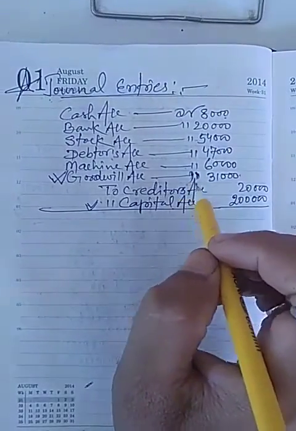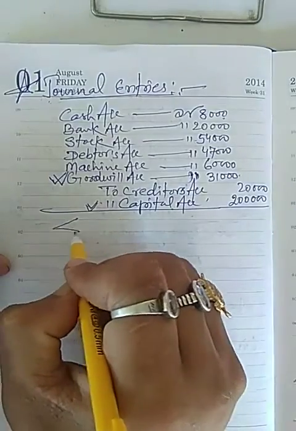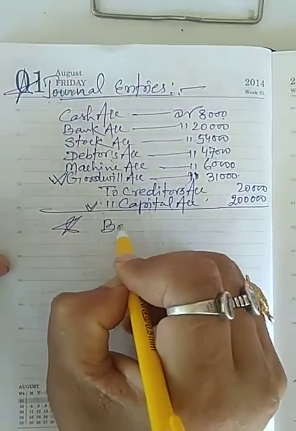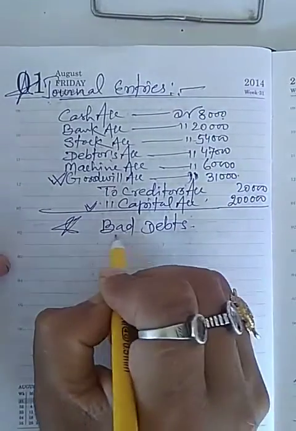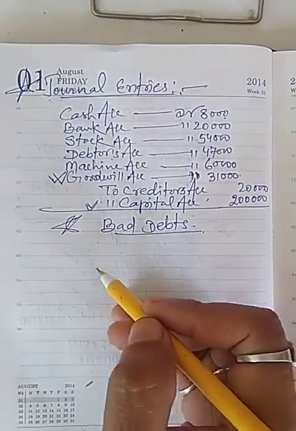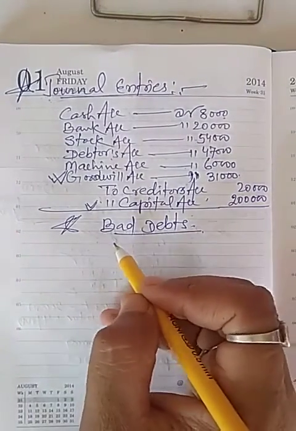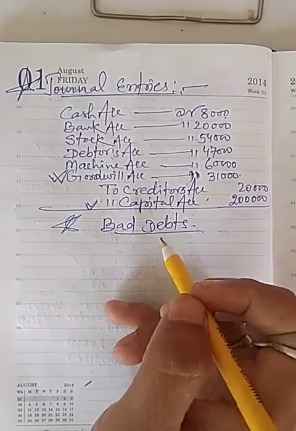Now see some other journal entry related to bad debts. I have explained in basic accounting term what is bad debt.